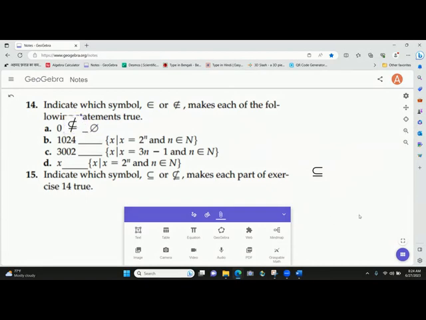And if it doesn't have curly braces, it's not a set. 1024 is an element of this set we established, so it's certainly not a subset. Again, same thing, 3002 is an element of this set, but certainly it's not a subset because there are no curly braces around it. And I think this is going to be all of this.